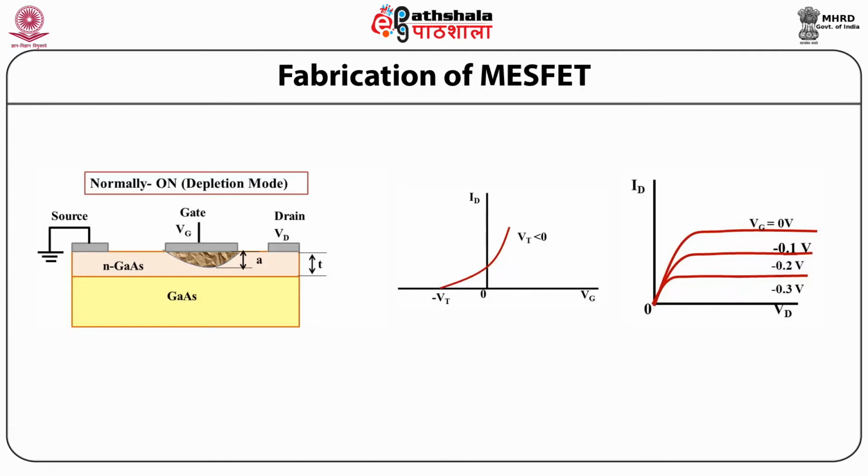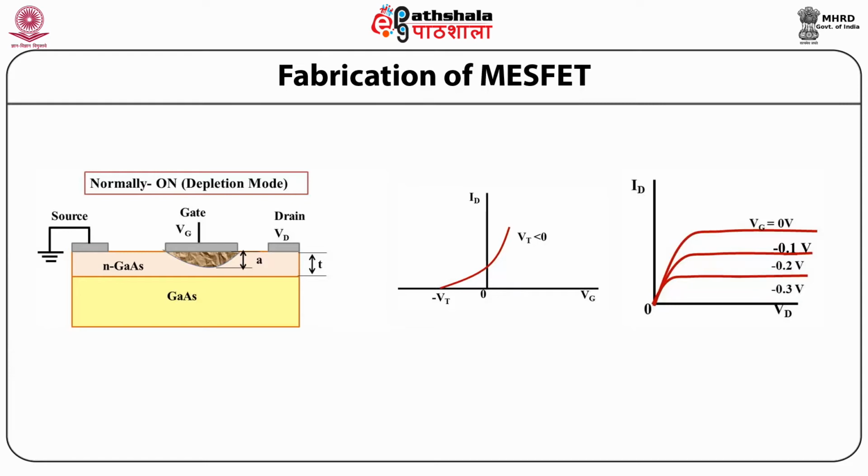To switch off the MESFET, a negative voltage VG less than 0 is required at the gate with respect to the source. The negative applied voltage at the gate puts the Schottky diode in reverse bias, resulting in an increase in the depletion width such that it pinches off the channel, as shown in the next figure.